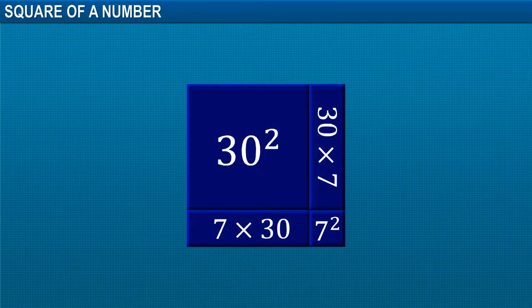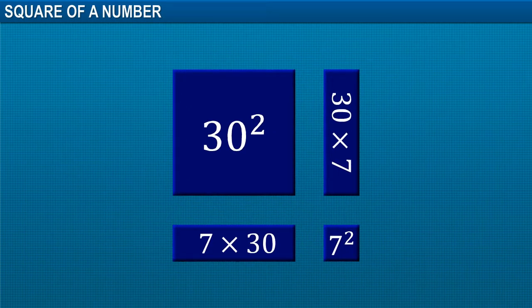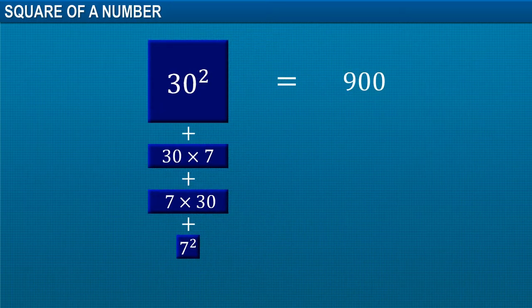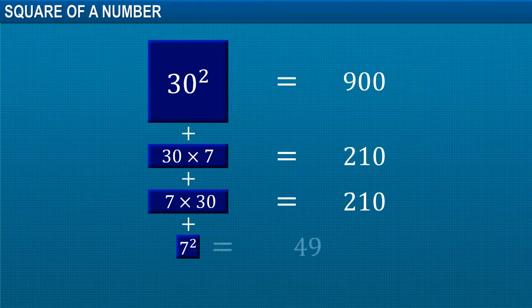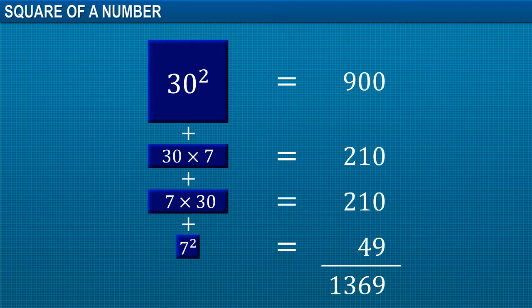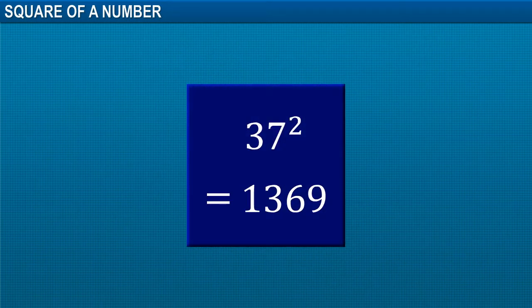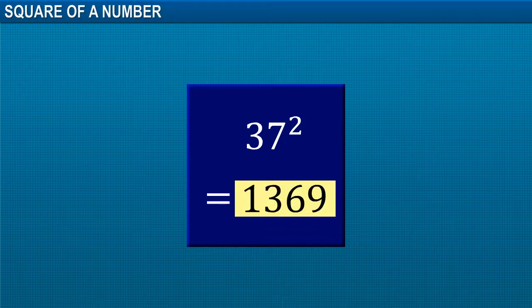Now, let's simplify. Thus, we find that the square of 37 is equal to 1369.